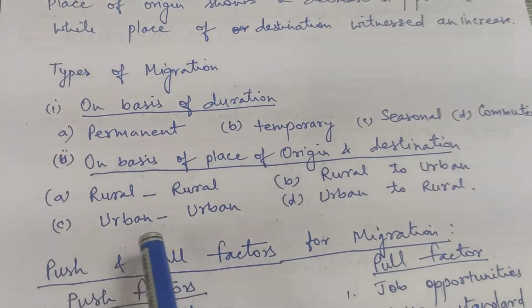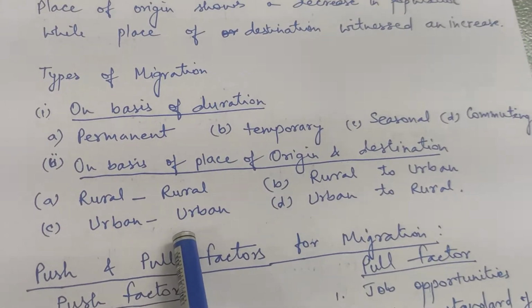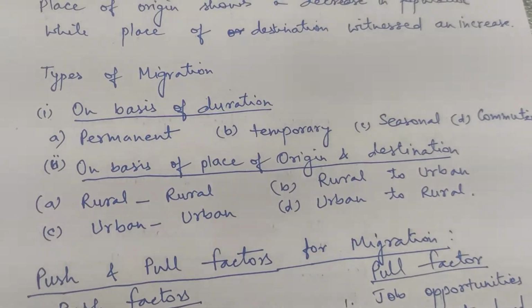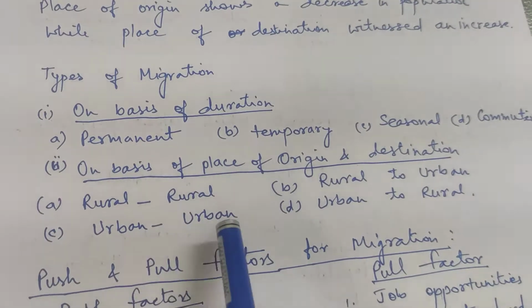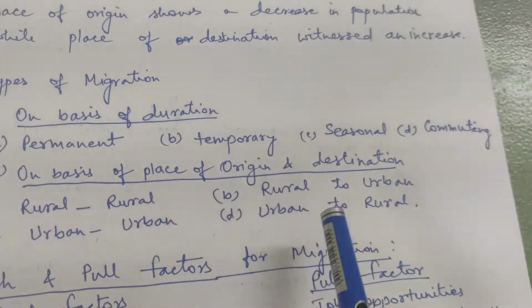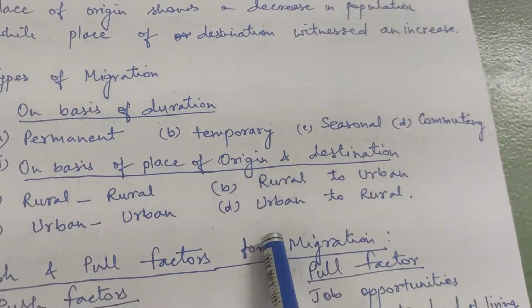Urban to urban is a specialized kind of migration. When already developed people want to go to a more developed city, this is called urban to urban. It may be for employment, better education, better health, etc. Urban to rural is a kind of modern concept.